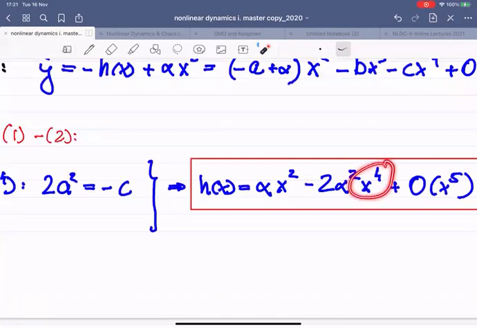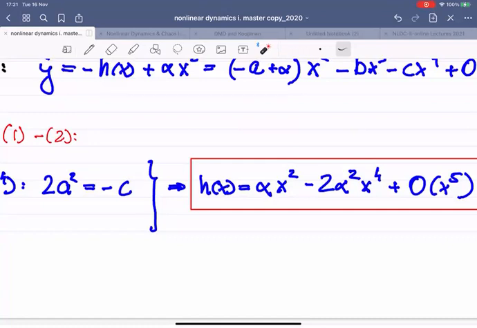And this will be a fourth order parabola, but upside down, because 2 alpha squared is always positive, so you have a negative here. So basically, near the origin, you will look like this, but as you start moving away from the origin, of course, the fourth order term will overpower the second order term and become dominant. So it will then turn the whole graph back, and it will start going down.